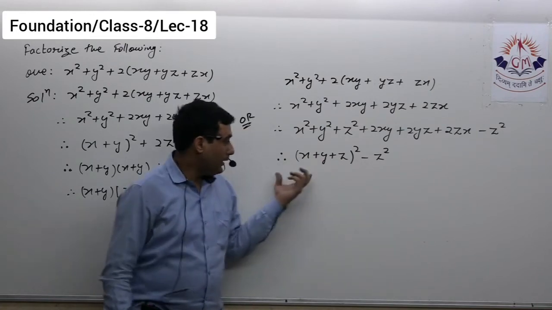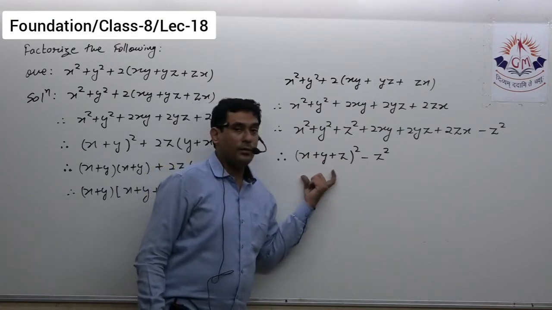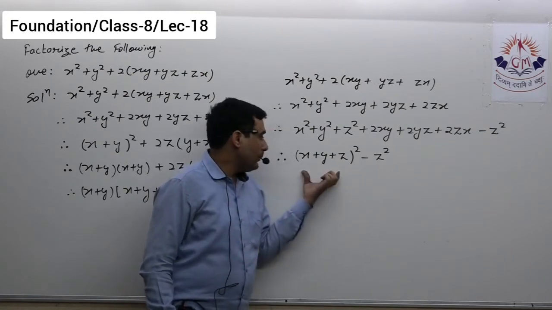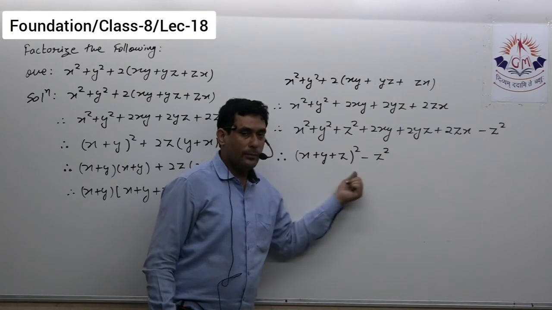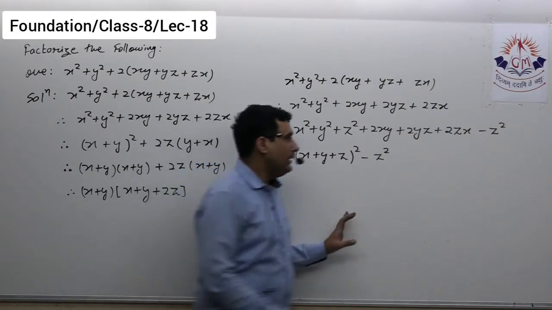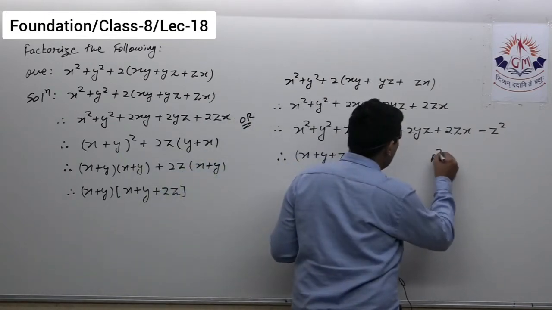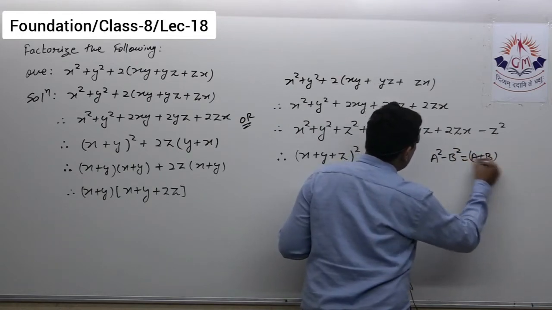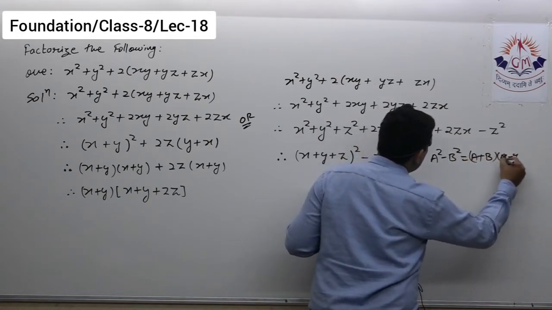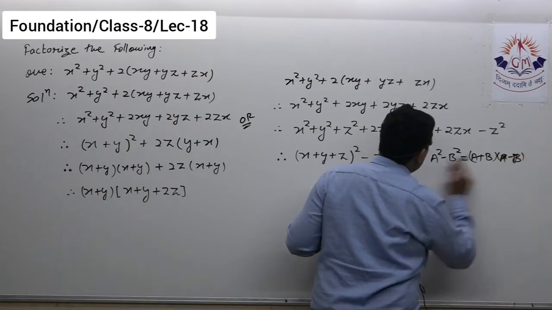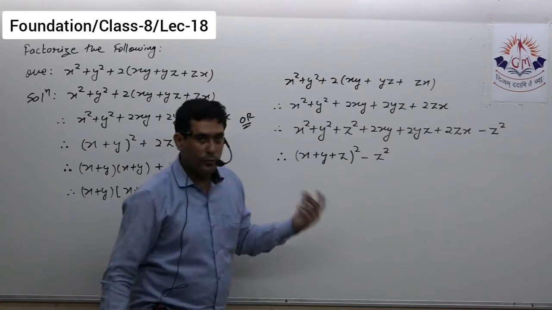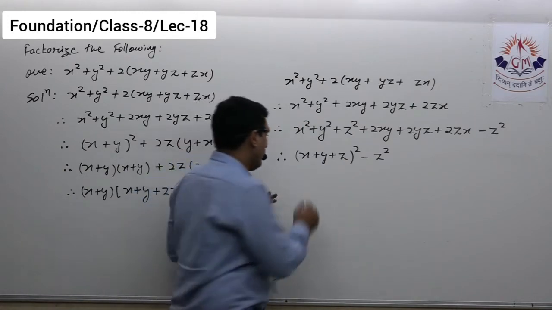Now here we can see this is the identity of a square minus b square. That means square of one quantity minus square of second quantity, and we know that a square minus b square is a plus b into a minus b. That means this is equal to the product of the sum of those two quantities and the difference of those two quantities.